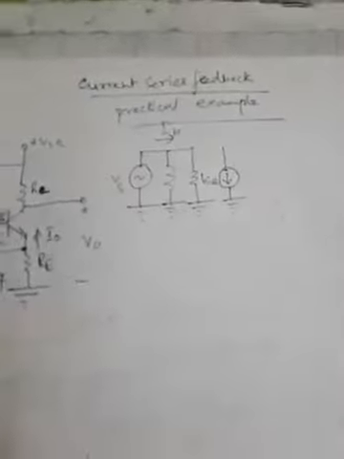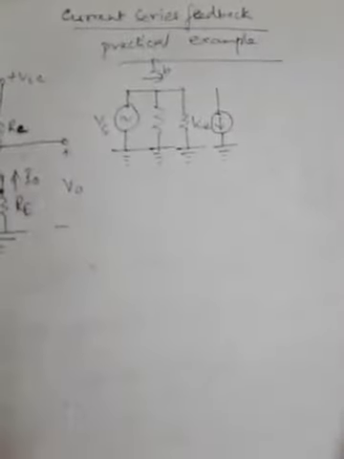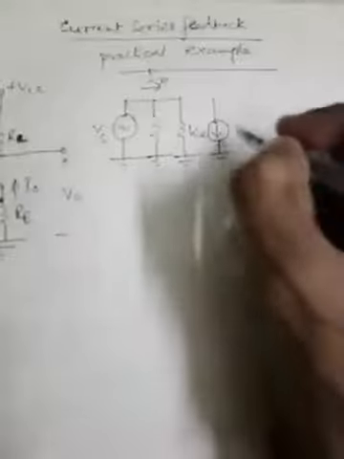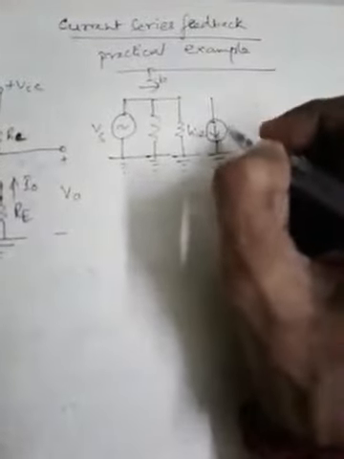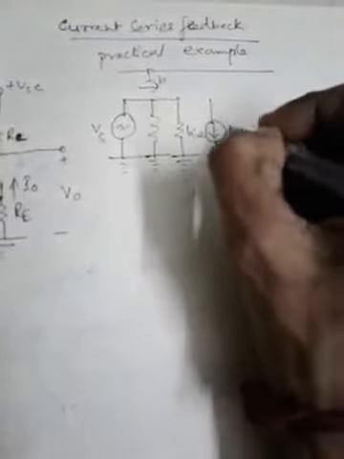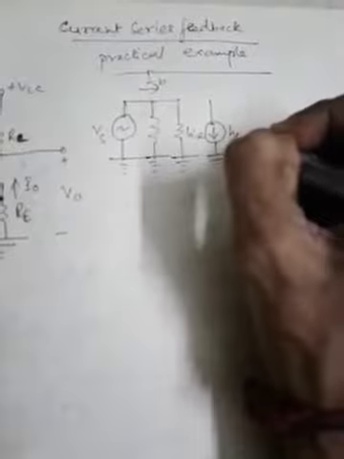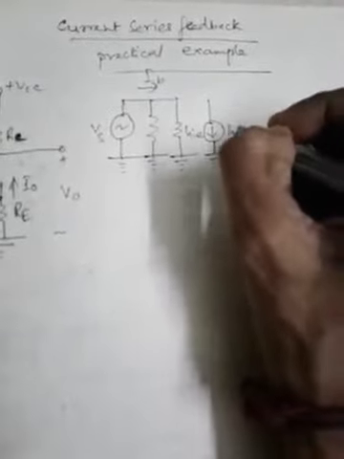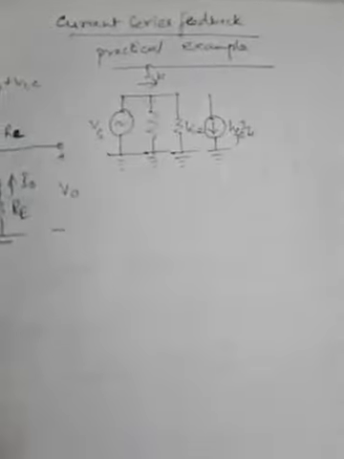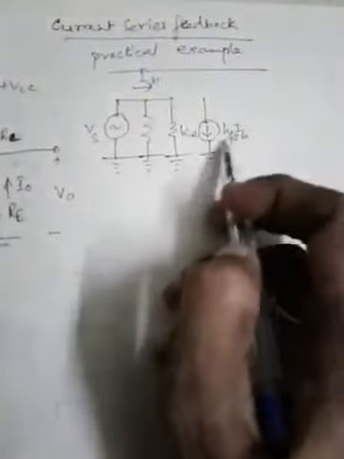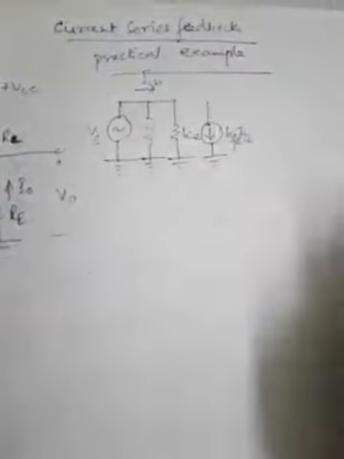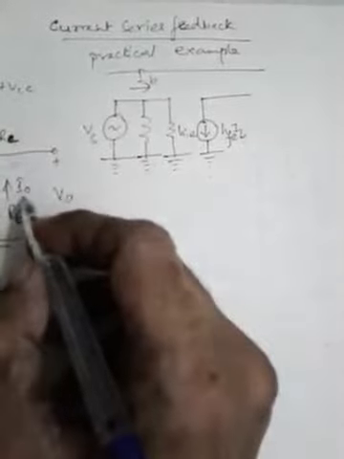because current is taken as the output, or current is taken as the feedback from the output. So this is a current. This should be represented as a current source, which is beta, meaning HFE, the gain, times the input current, which is IB. So this is nothing but IC, the output current here, which is denoted as IO.